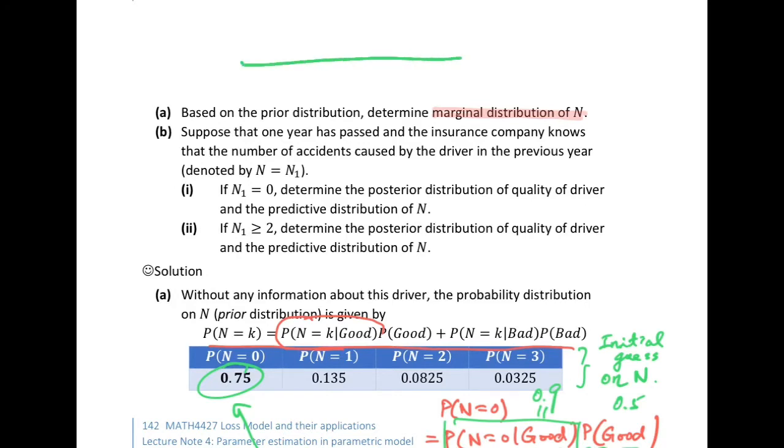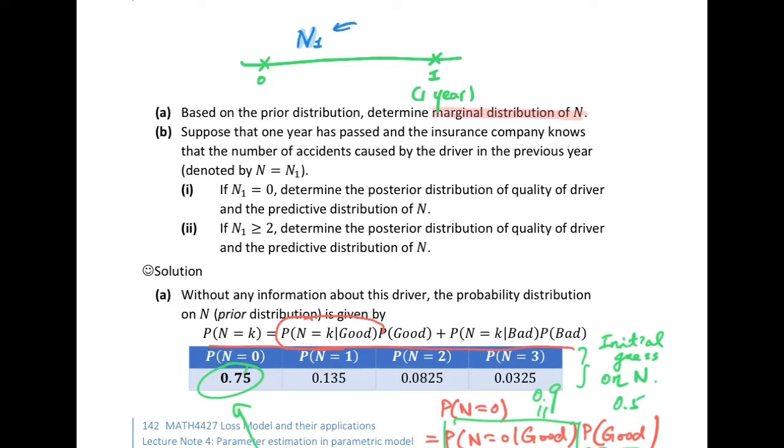Suppose 1 year has passed already. Within this 1 year, the insurance company will know the number of troubles caused by this driver in the past year. Let's call it N1.